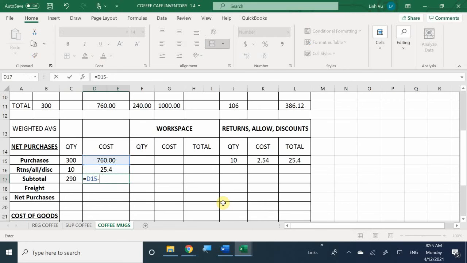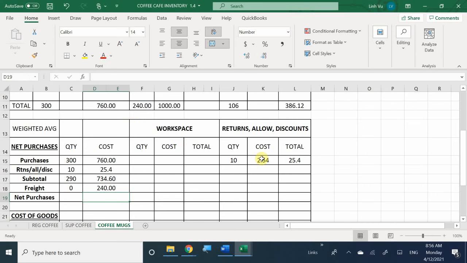And then same thing goes here. If I had $760 and I returned $25.40, how much should be my subtotal? 734.60. Good. Right? Once again, freight doesn't increase in quantity, but it does increase in price or total cost.